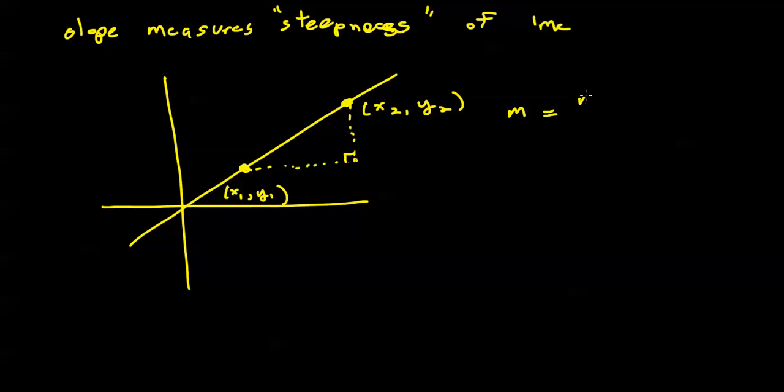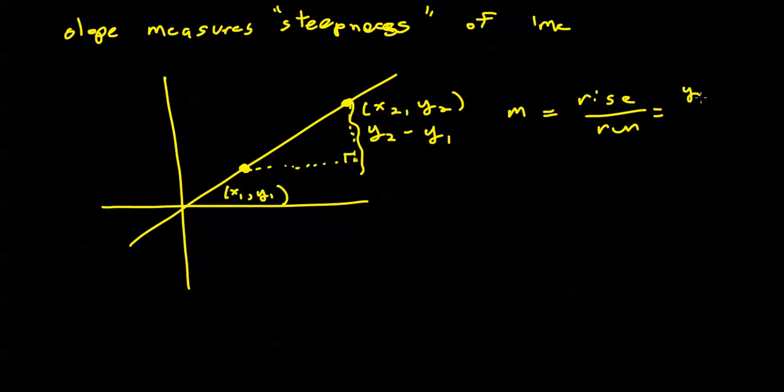Slope, well, informally, it's the rise of a line between 2 points divided by the corresponding run between those 2 points. My rise is really my change in y coordinates. I think we can see that the vertical distance between these 2 points is going to be the simple difference in the y coordinates.